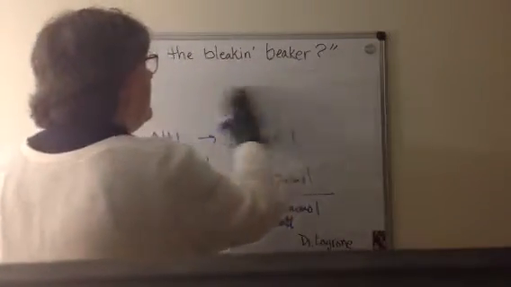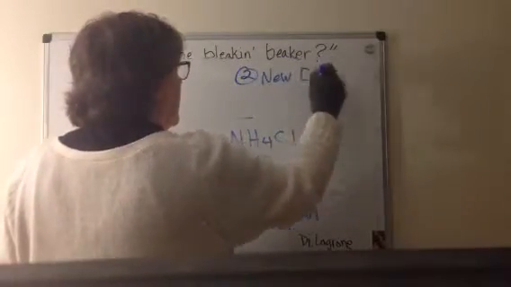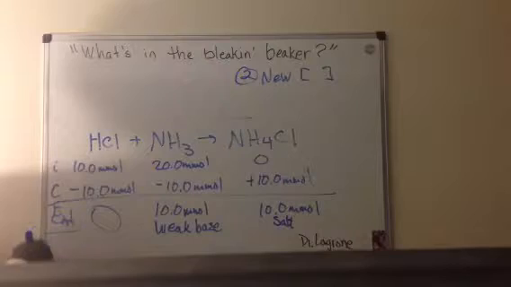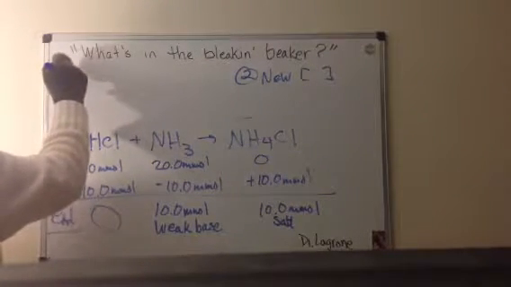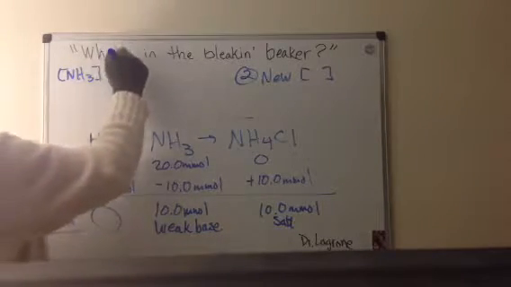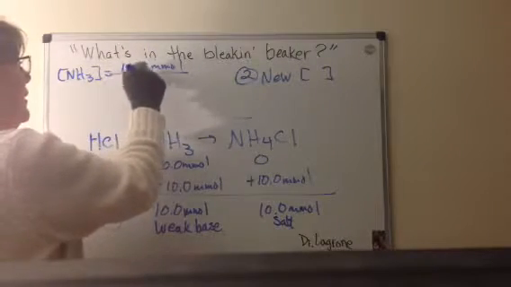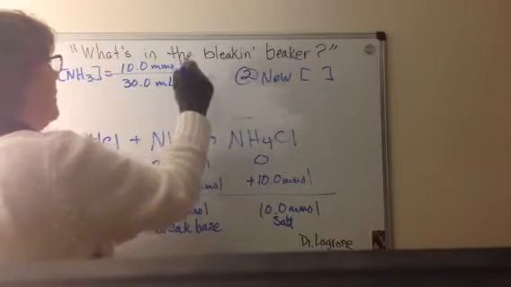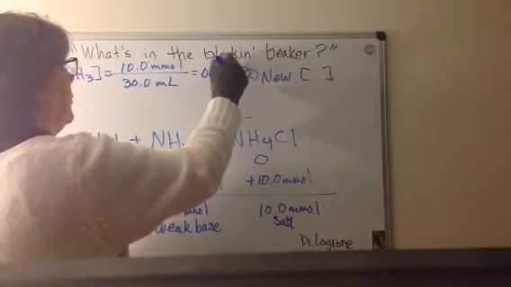Second step is to get the new concentrations. We had 10 and 20 is 30 milliliters, so I now have concentration of ammonia is going to be 10 millimoles over 30 milliliters, which is 1/3, so 0.33 molar.